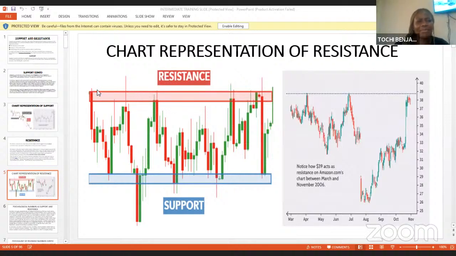Just like if we had marked out this level as our resistance, remember that resistance extends up to this range. That means if you put a sell anywhere around here, you are using some pips above this candle wick as your stop loss.